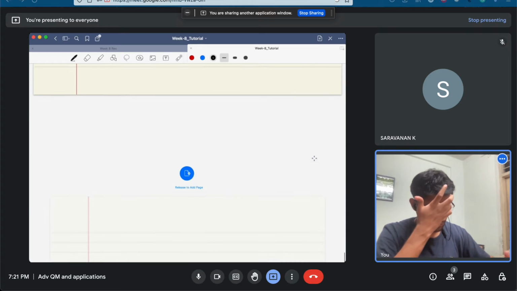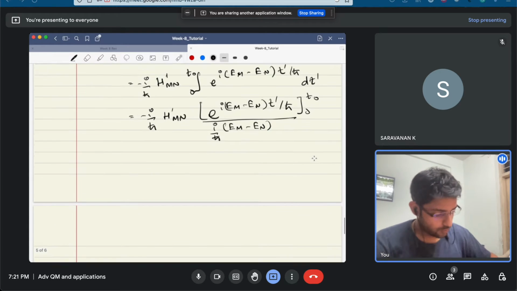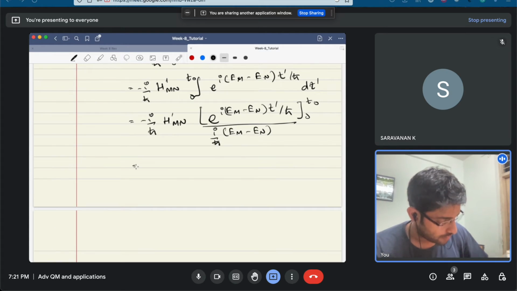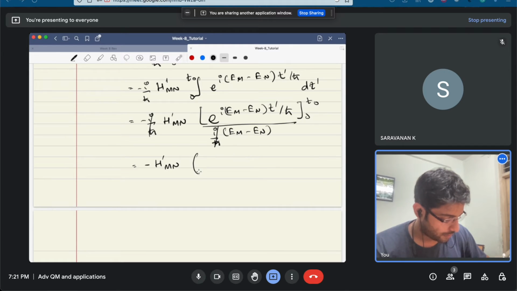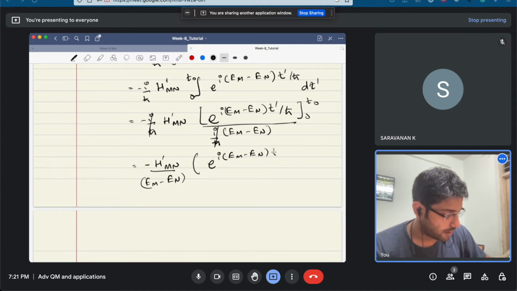Now this h bar gets cancelled out, so we are left with H prime mn over (Em minus En), and here we have e to the power i (Em minus En) t naught by h bar, minus 1.